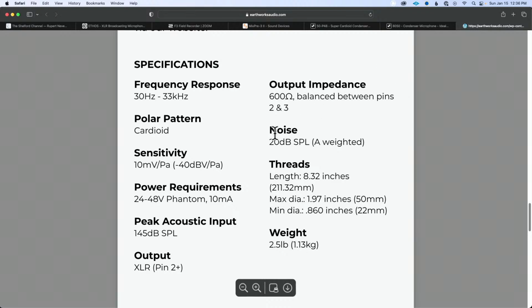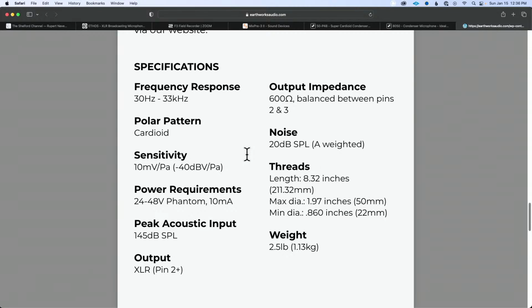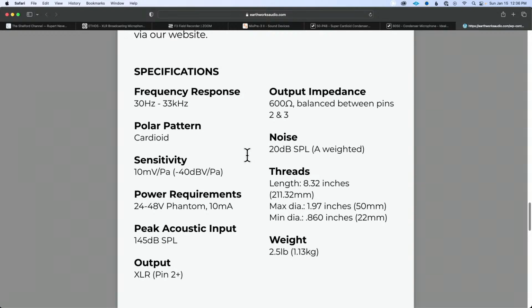If I were to choose, say I was going to do a really high-end podcast, and I was going to spend $2,000 per microphone, actually, I don't think this microphone is available anymore. I think they discontinued it. But each of those microphones draws 10 milliamps. So the Zoom F3 would not be able to provide enough power for two of these microphones.